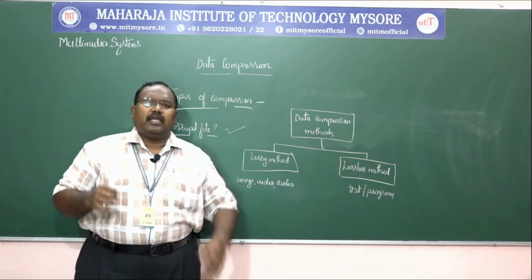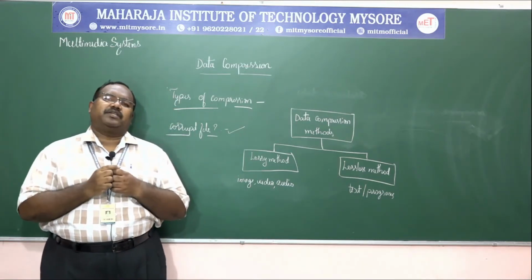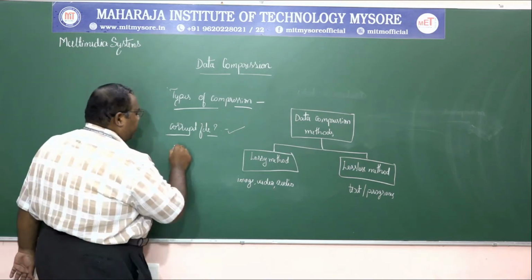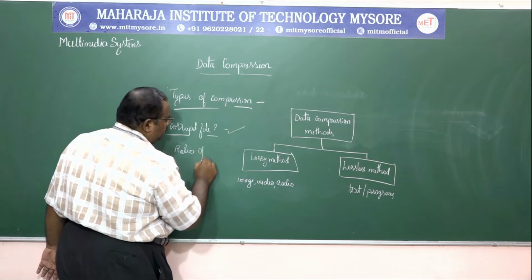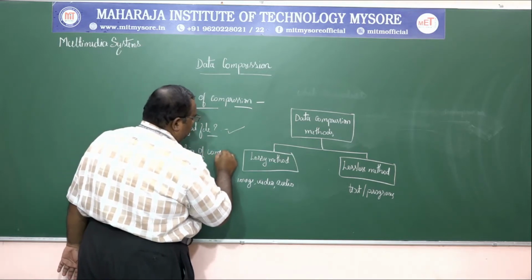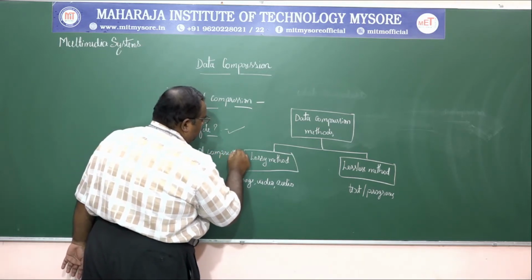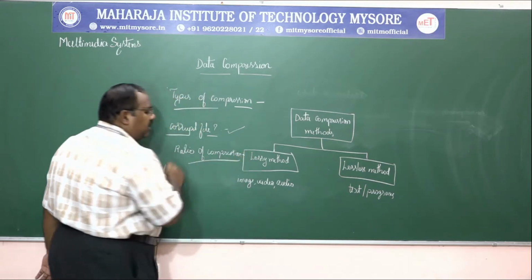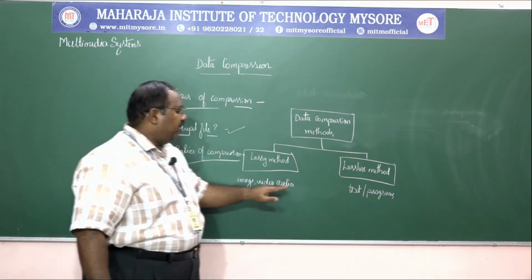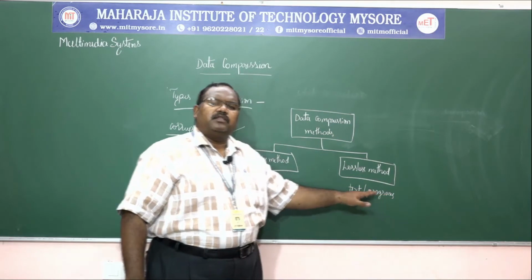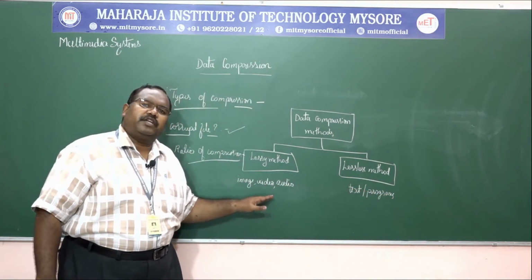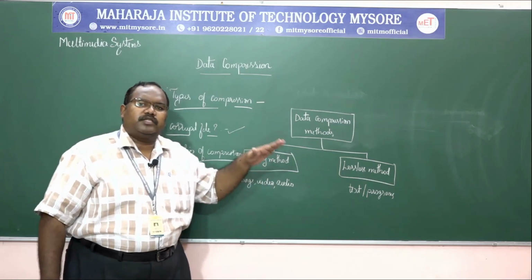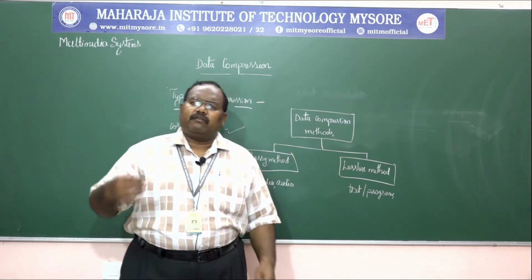Next, what is the ratio of compression? We have seen the multimedia elements here: image, video, data, text and program. To which of the multimedia elements is the data compression ratio very high? This is the common question that everyone wishes to know.